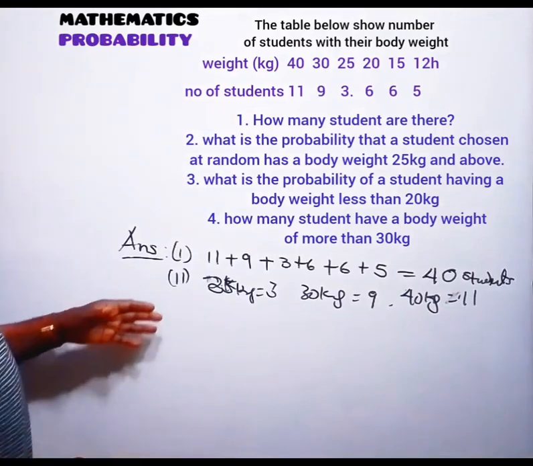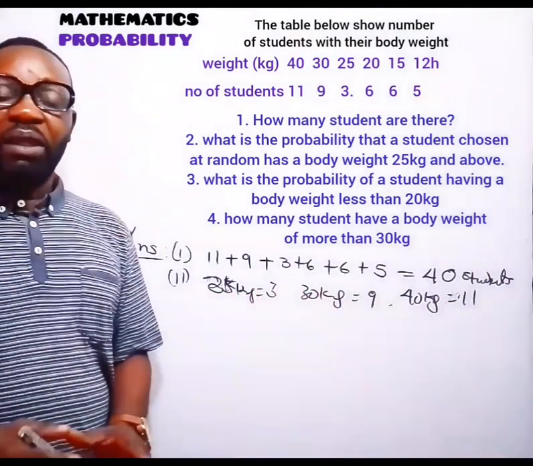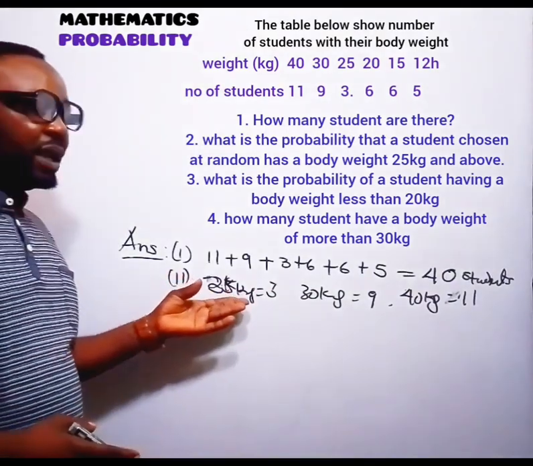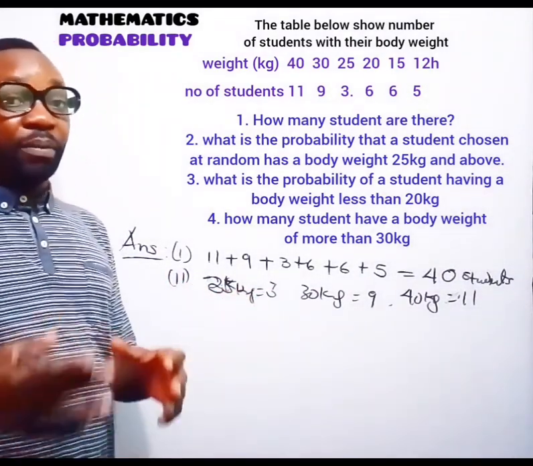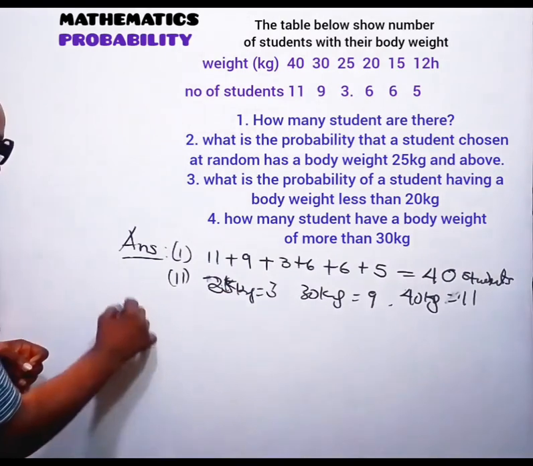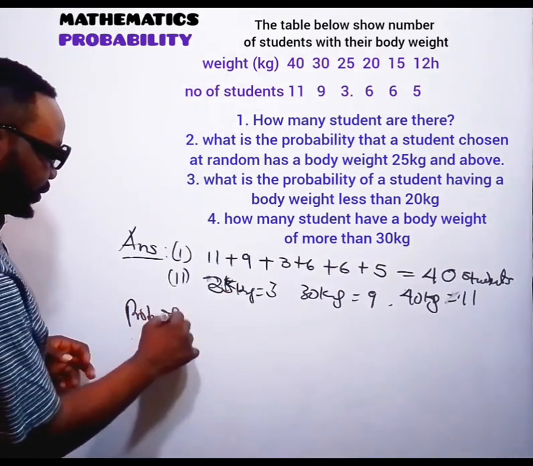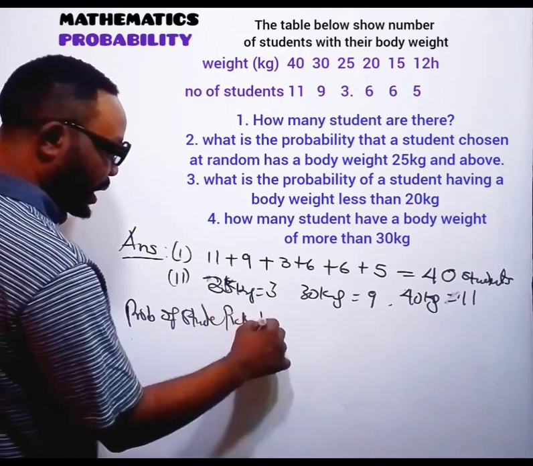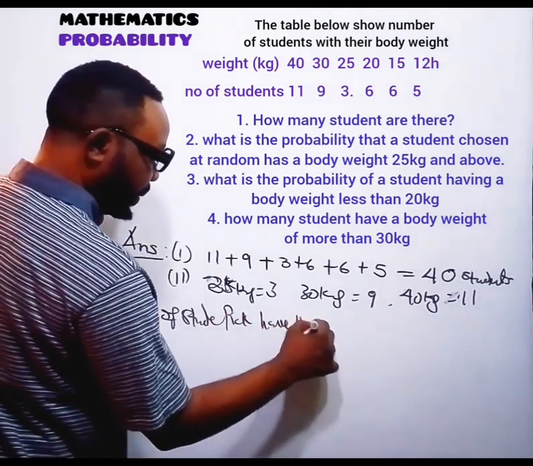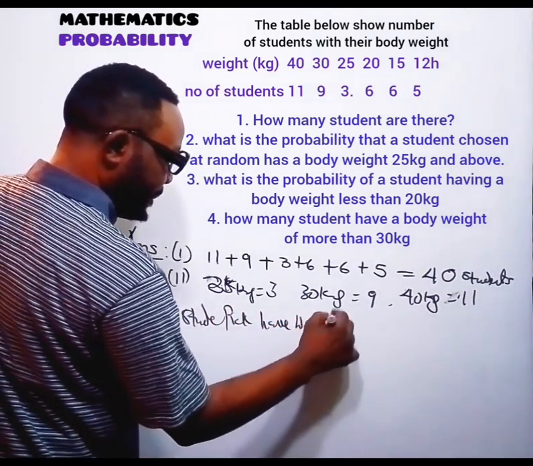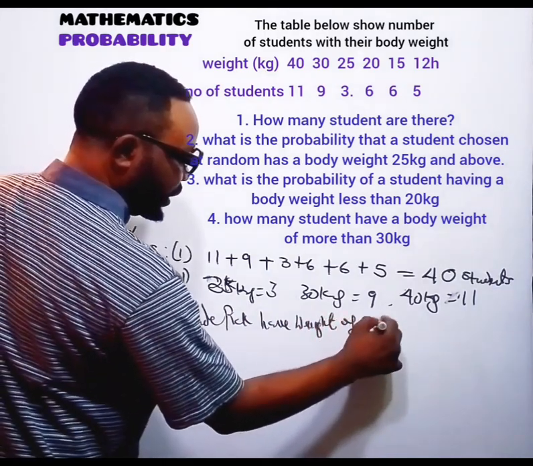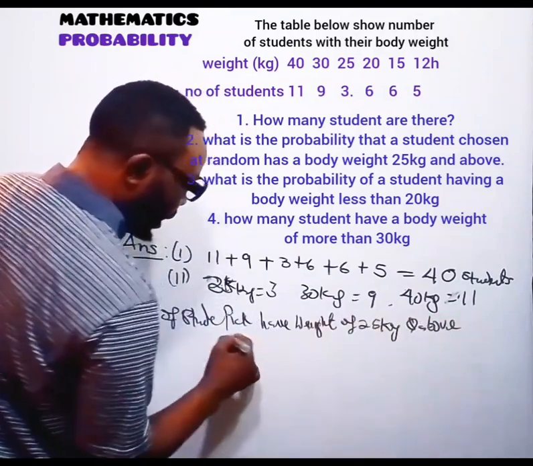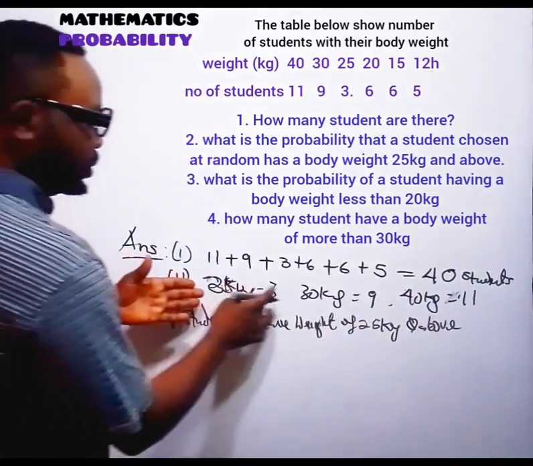So the probability that if a student is chosen at random, the weight will be 25 kilogram and above. That is the question given to us. The probability of the student picked having a weight of 25 kilogram and above will be equal to, what is the total number of students with that?